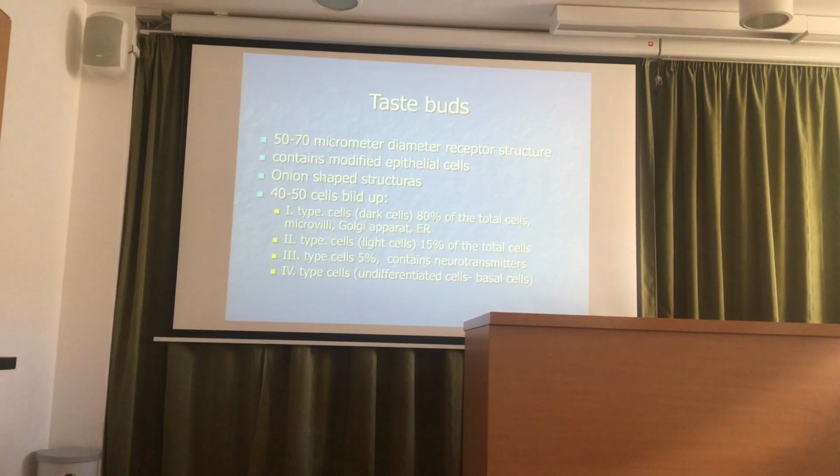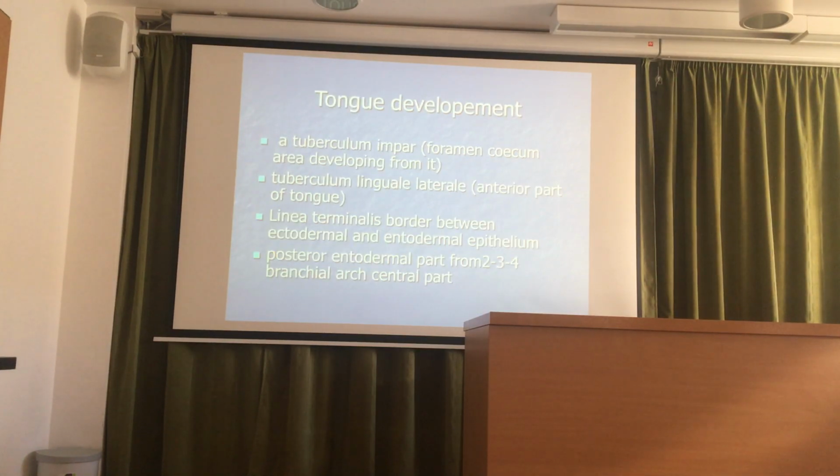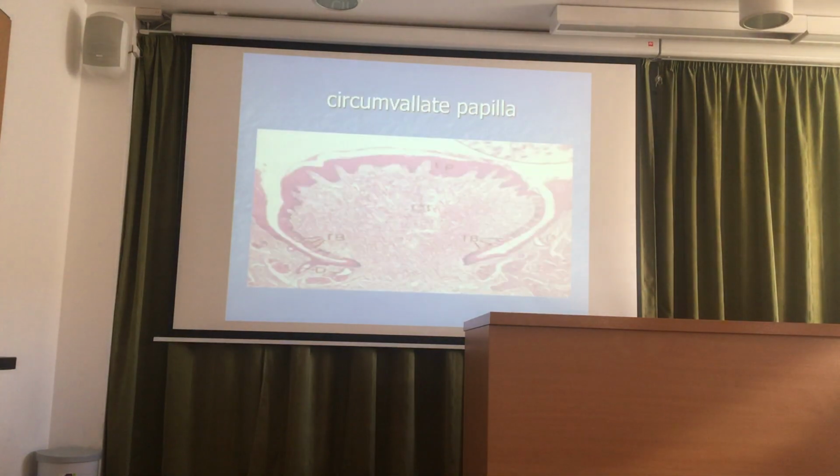You can find different structures in these cells: microvilli, Golgi apparatus, and endoplasmic reticulum. The second type are the light cells, 15% of the total cells. The third type, 5% of the total cells, contain neurotransmitters. And the fourth type are the undifferentiated cells. These are the basal cells. You have to note this, okay? I will show some pictures about it.